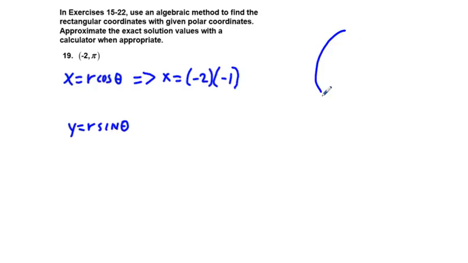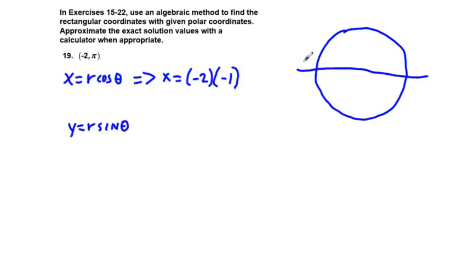Okay, and if we go and look at our unit circle, and we're over here at the left side of the circle at pi, the cosine value, cosine is related to x, is going to be negative 1. So in this case, our value would be 2, our x coordinate. And our y coordinate is going to be y equals negative 2, and the sine of pi is 0.